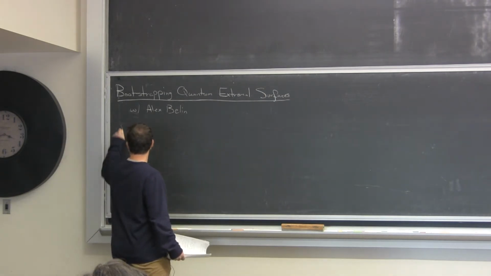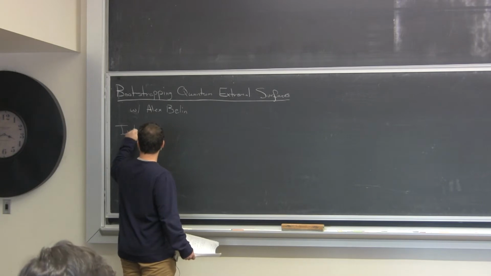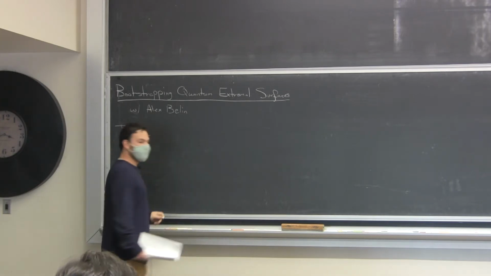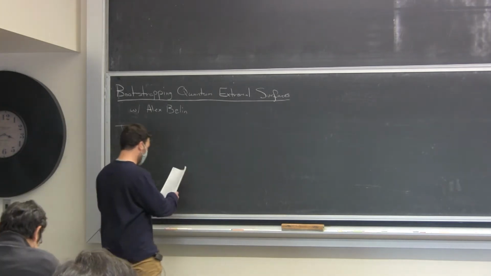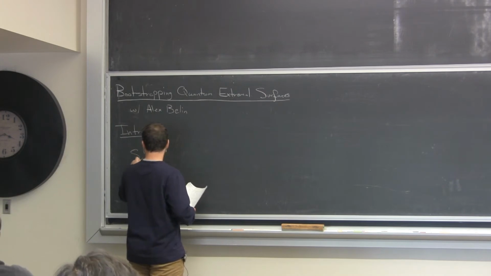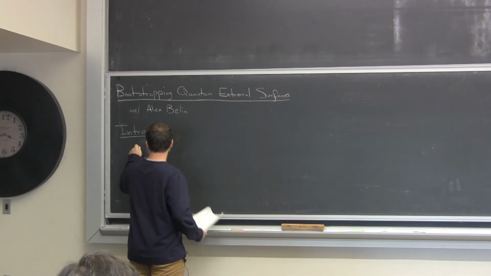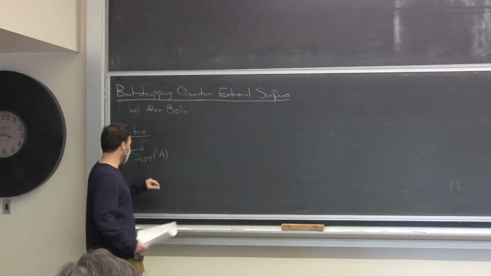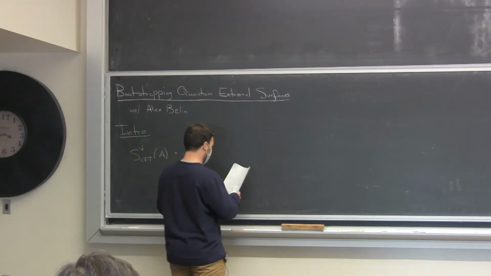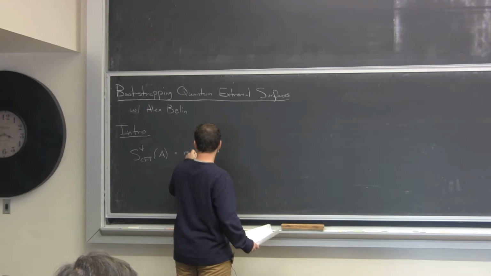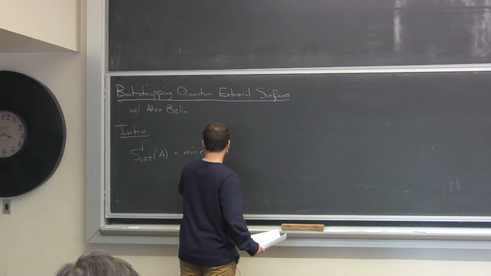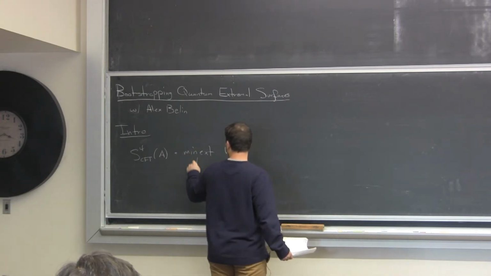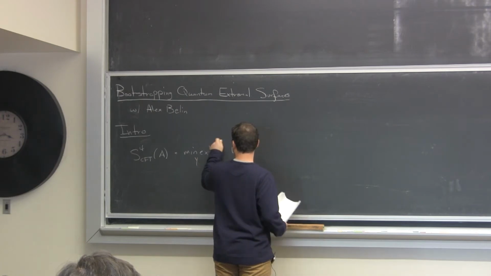So to start us off, as I'm sure many of you are familiar with, there's this formula for the entanglement entropy in a CFT for some region A. And the proposal of Engelhardt and Wall is that this is given by extremizing the generalized entropy.